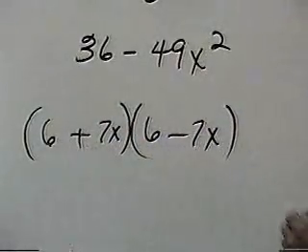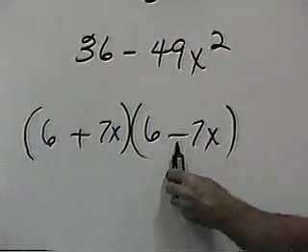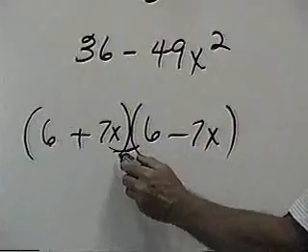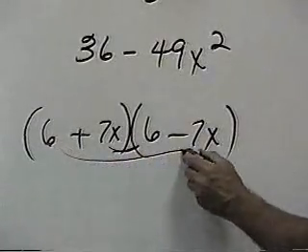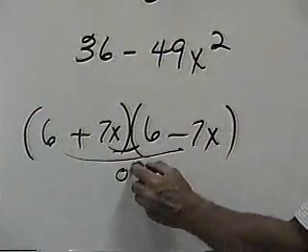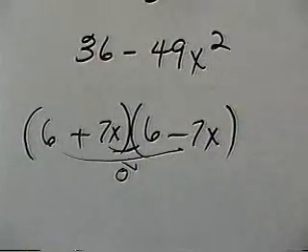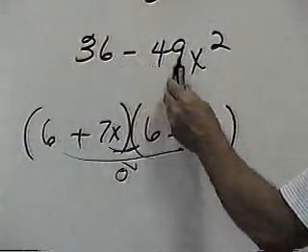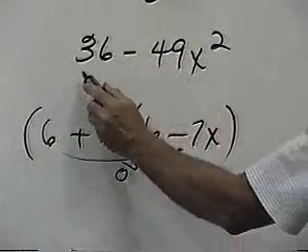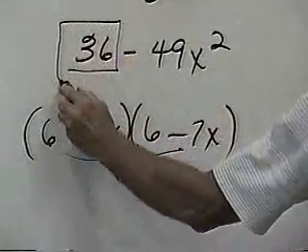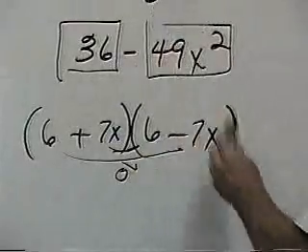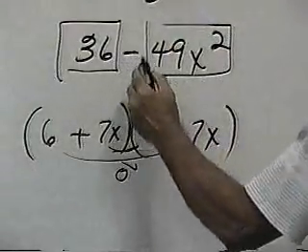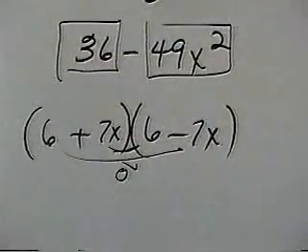Plus and minus. Again, it doesn't make any difference where you put the plus here and the minus over there. Middle term, plus 42x, minus 42x. Adds up to 0, checks out. So it doesn't always have to have a 1 or just one of these numbers being a perfect square. As long as this is a perfect square and all of this is a perfect square, separated by a minus, then you can do this process.